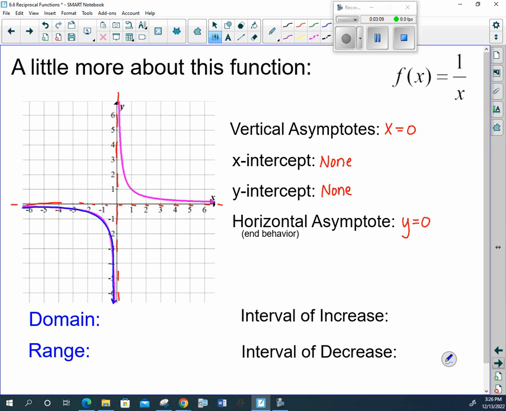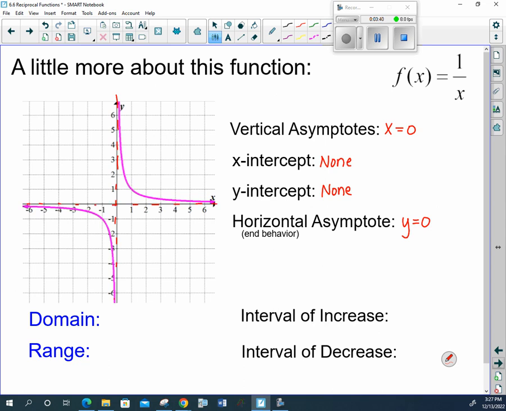And then after the vertical asymptote, I pick up right here, and then it's decreasing again. So as I move to the right, everything is decreasing, but we're not going to write the interval of increase and decrease. That's not anything that we're going to test you on, so we're not going to worry about that on this particular graph. So let me put these back.